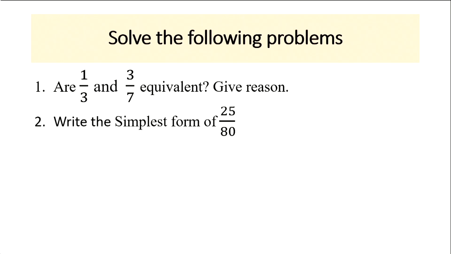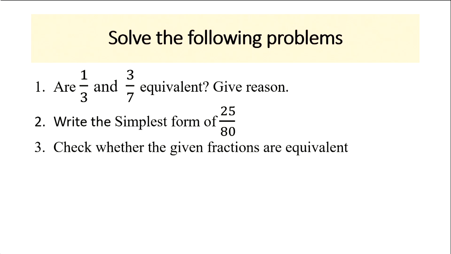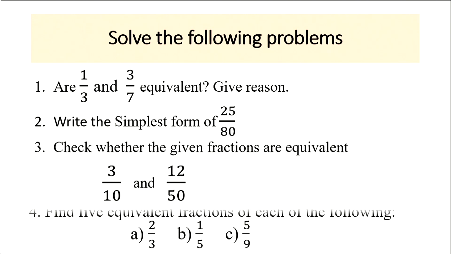Give reason. The second question is, write the simplest form of 25 by 80. The next question is, check whether the given fractions are equivalent: 3 by 10 and 12 by 50.